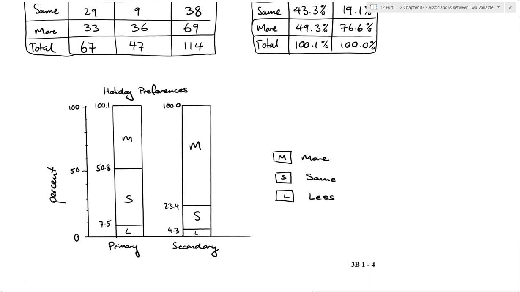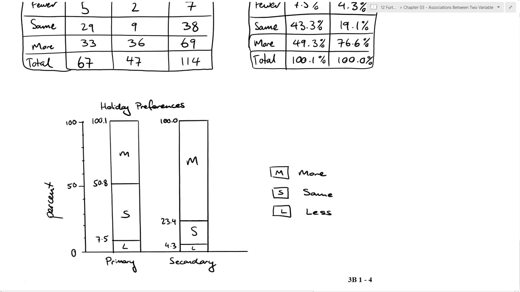You could then go on to make a report. Well, is it fair to say that preferences for holidays depends on what level of schooling you're in, secondary school or primary school? And in fact, in this case, yes, there is, because there's a significantly higher proportion of people who want more holidays who go to secondary school than there are in primary school. 76.6% of secondary school students want more holidays.